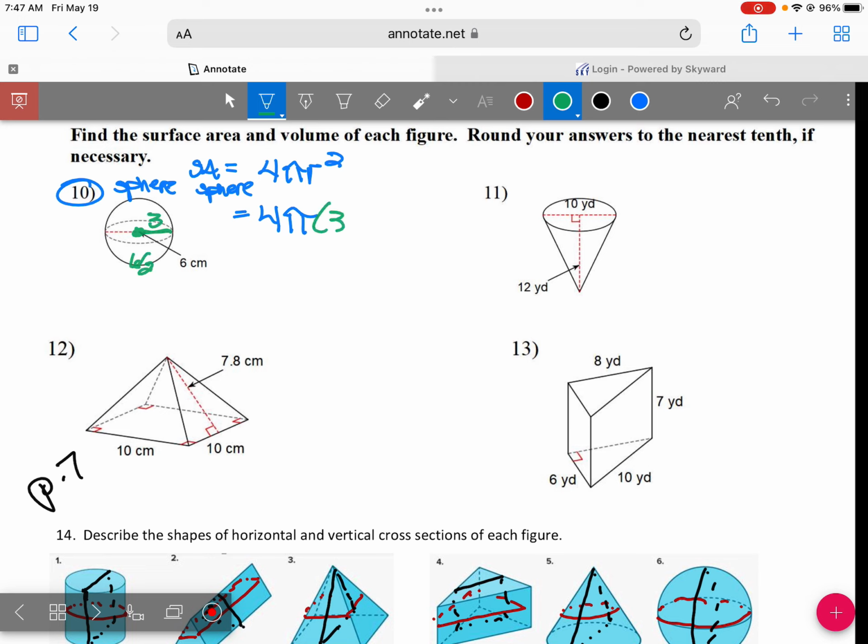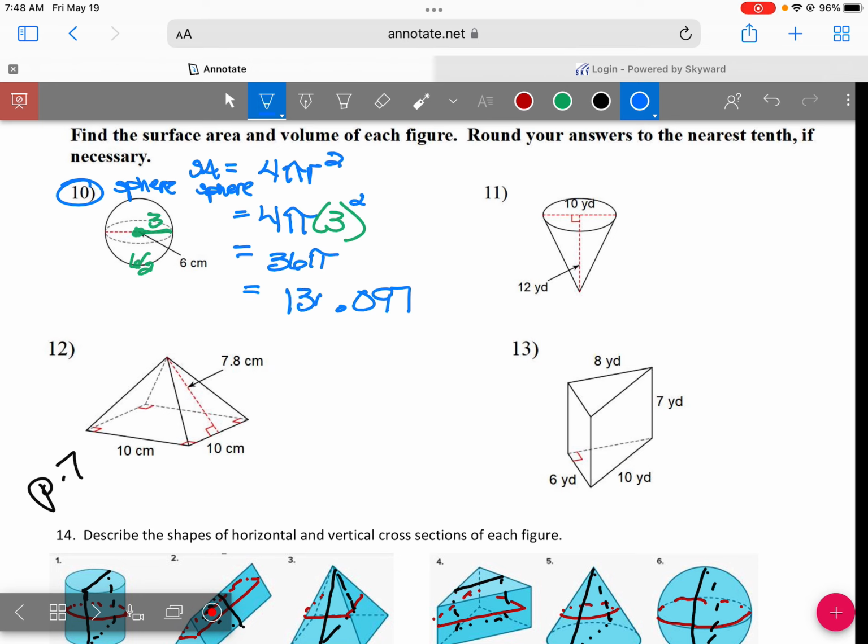So I need to substitute 3 in for my radius and square that. So this works out to be 9 times 4 is 36 times pi. What is it? 113.097.